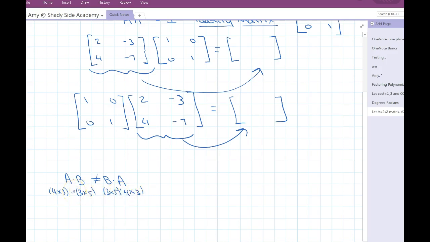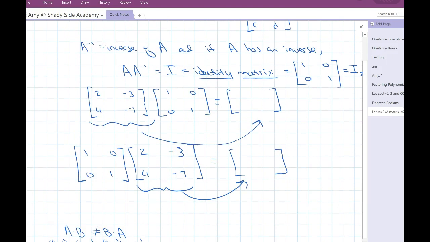That's not to say that in some cases matrix multiplication does commute, but that's the exception rather than the rule, all right? The other thing to note, though, now that I've said that, is if you have the identity matrix I, where you place I, if it's A times I or I times A, when you're multiplying by I, the identity matrix, that multiplication does commute, okay?